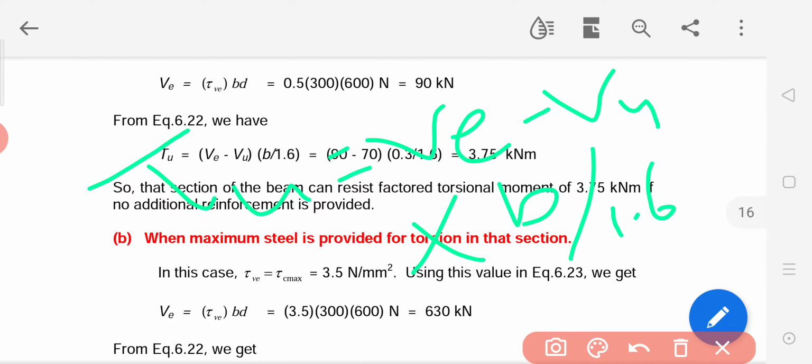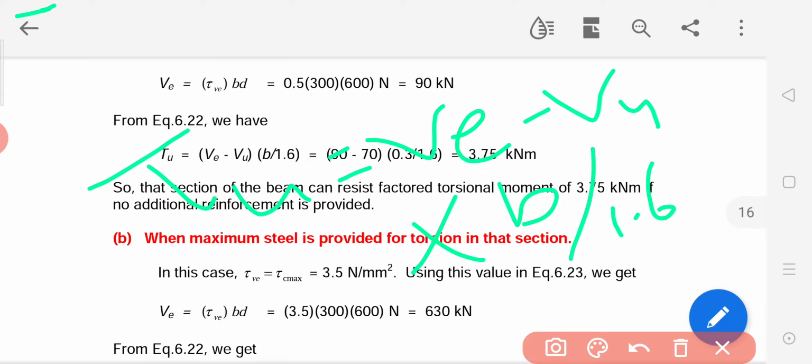So we provide all these values: Ve is 90 kilonewton, Vu is 70 kilonewton, into b, which is 300 mm.